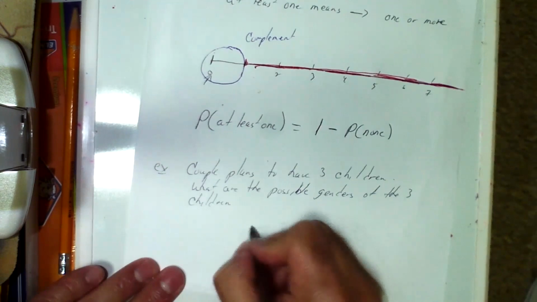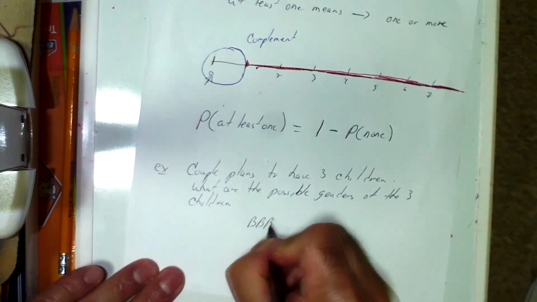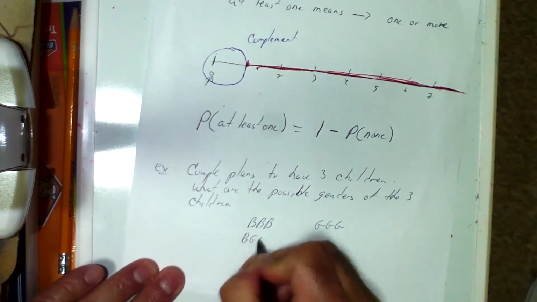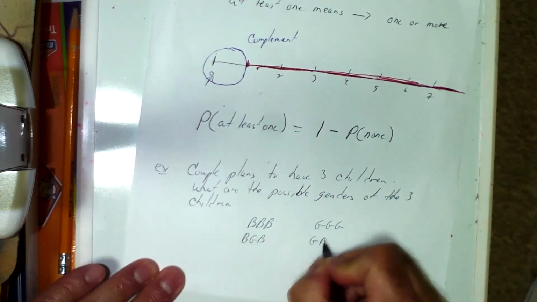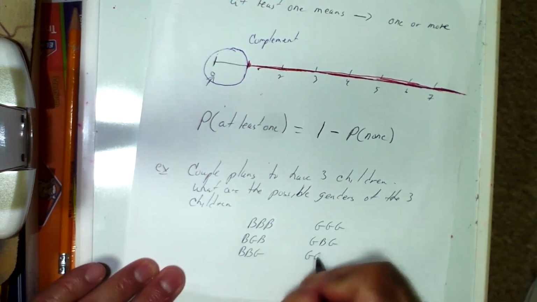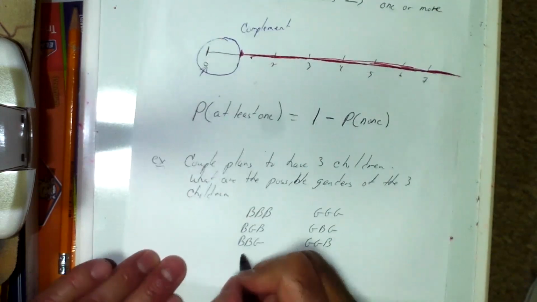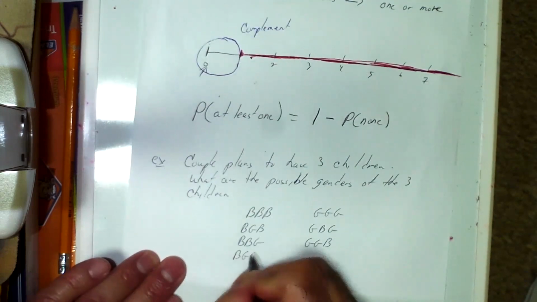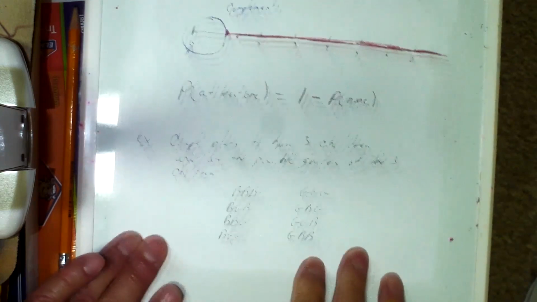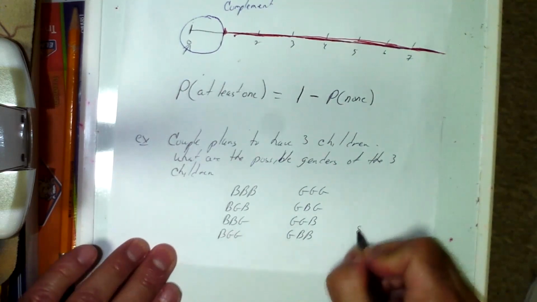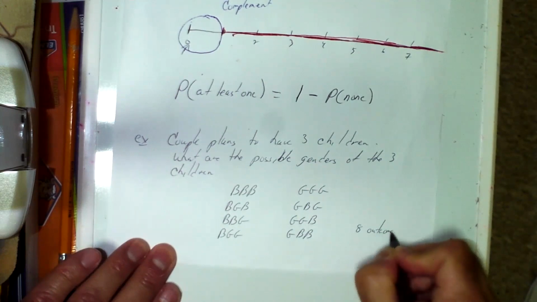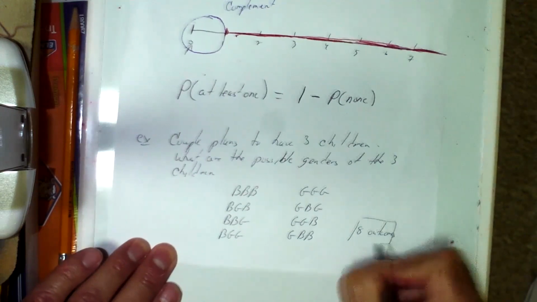Right, so we can list them. Boy, boy, boy. Girl, girl, girl. Boy, girl, boy. Girl, boy, girl. Boy, boy, girl. Girl, girl, boy. Or boy, girl, girl. Or girl, boy, boy. So we have a total of eight outcomes. There are 8.